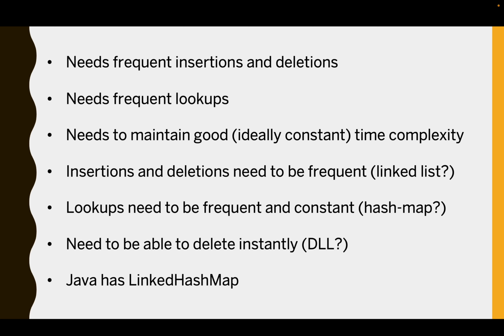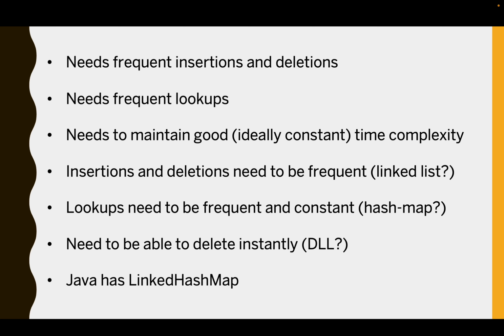If you want good lookups or constant lookup, you can use something like a hash map. So that would make the lookup time O(1). But how do you keep a hash map sorted in a way that, if you're traversing over the hash map, you get the least recently or most recently used items first?